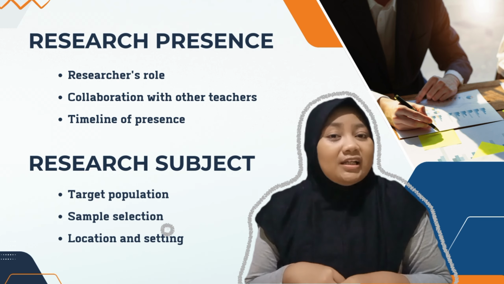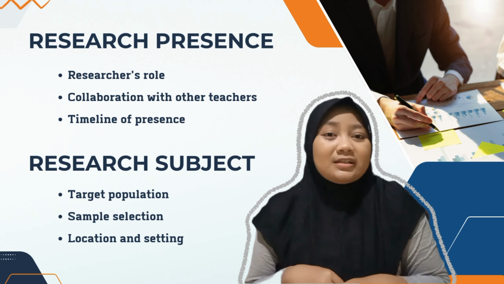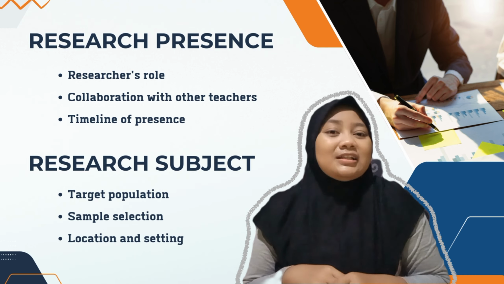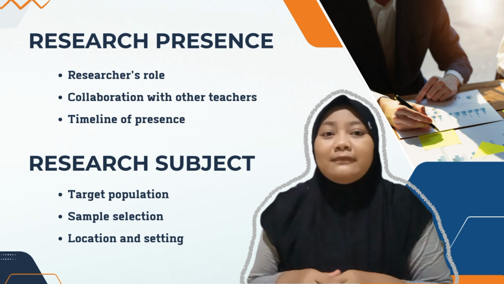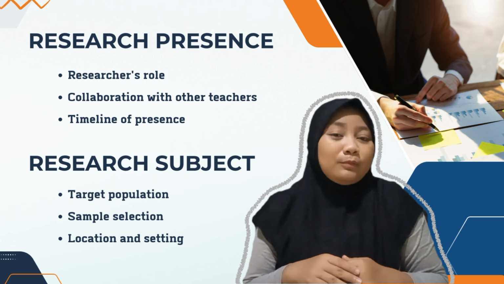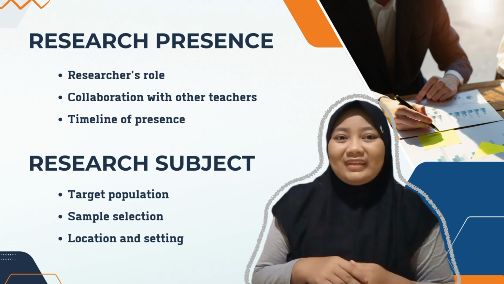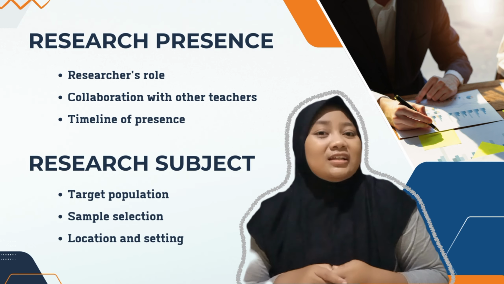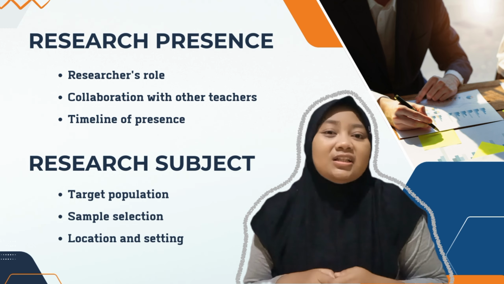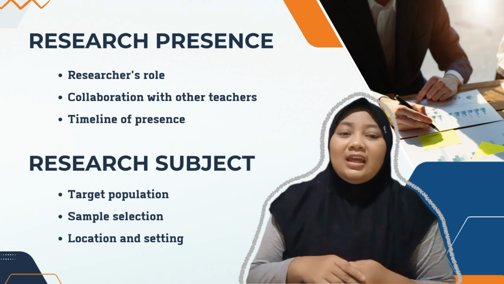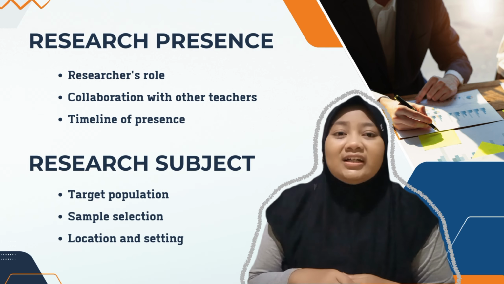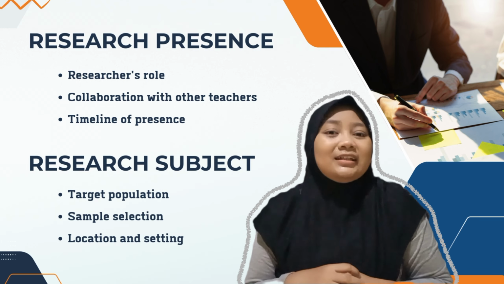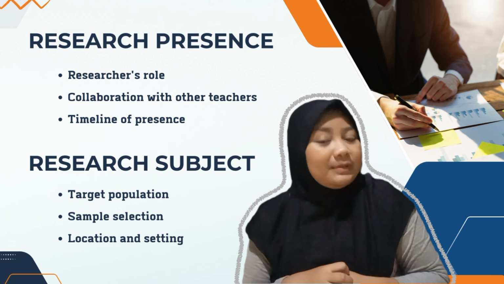Describes the criteria used to select participants, ensuring that the sample is representative of the broader population. Location and setting provides context regarding where the research takes place, including details about the educational environment and resources available.